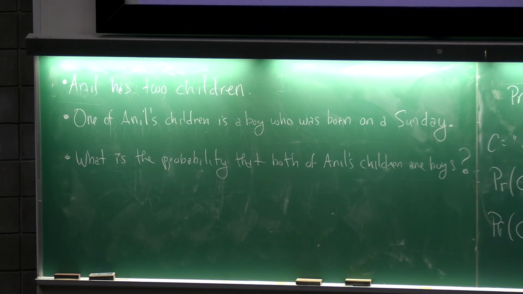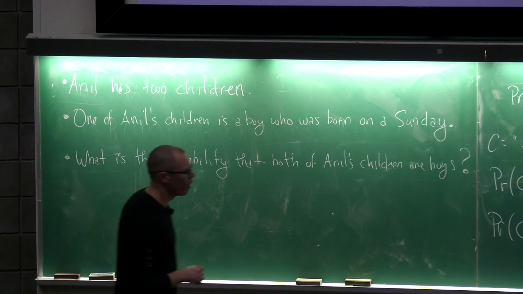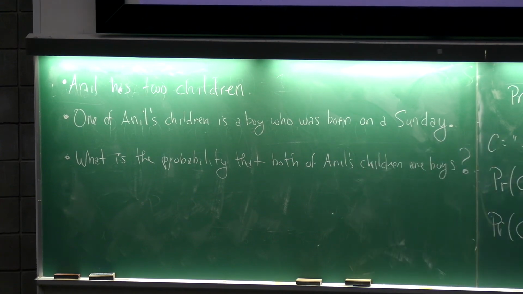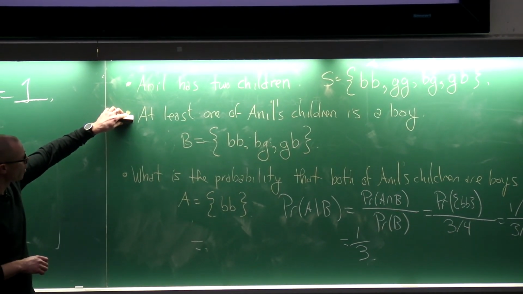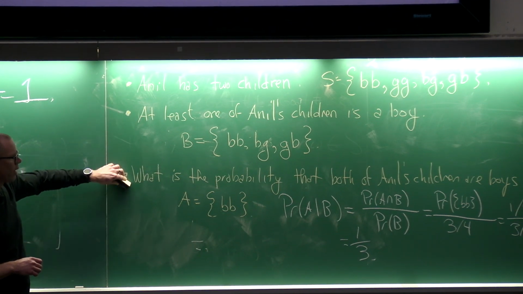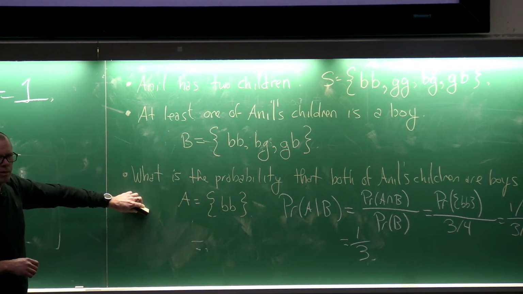It's not 1/4. It sure looks like 1/3, right? We worked out here, same statement, Anil has 2 children, at least one of Anil's children is a boy. What's the probability that both the children are boys? That's 1/3.